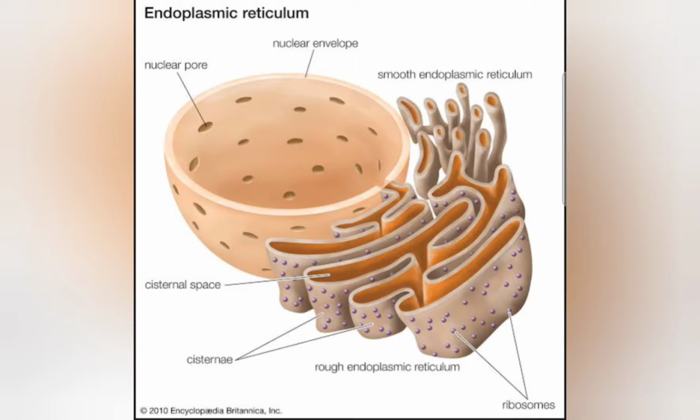Now coming to the ultrastructure of the endoplasmic reticulum, this structure is very similar to that of the Golgi body. The components of the endoplasmic reticulum are cisternae, vesicles and tubules. Vesicles and tubules are not drawn here. Basically cisternae is the main part. From the Golgi body, you know what cisternae are.